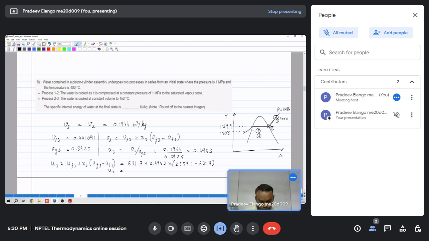So this way you can calculate the internal energy of the third state. So this is 1586.34 kilojoule per kg.